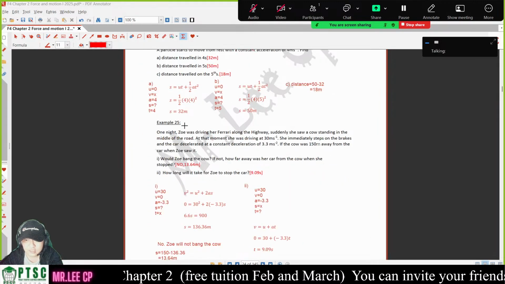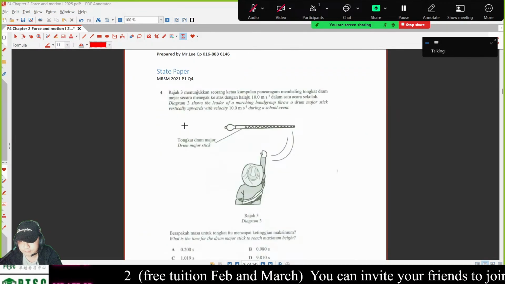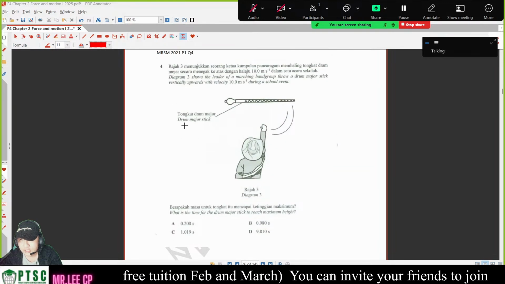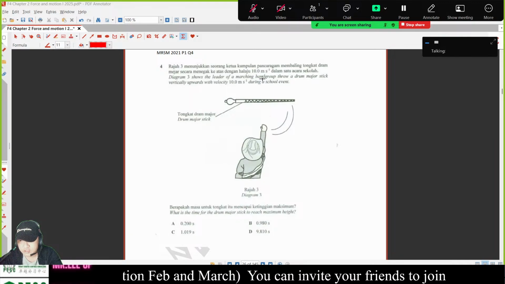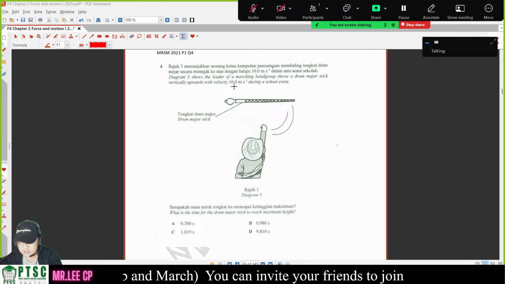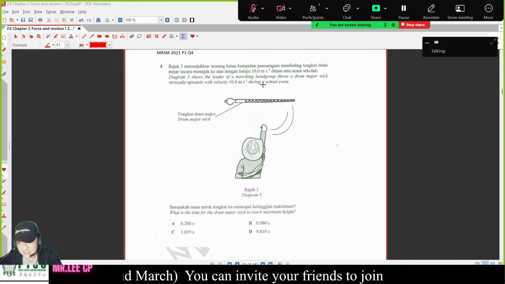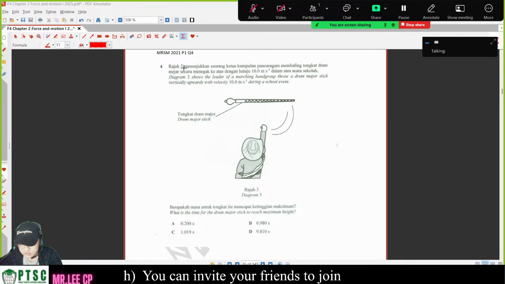Okay, so we try to look at some question. Okay, so we look at the first question here. The diagram shows the leader of the marching band group throwing the drumstick vertically upward with the velocity 10, right, during the school event. So what is the time taken for the drumstick to reach the maximum height?